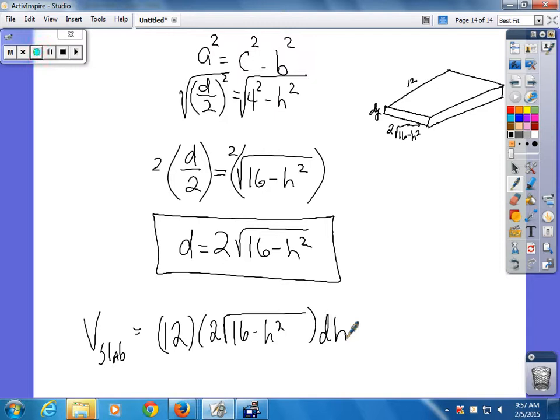We'll finish this problem. It's going to be -4 to 4. Why is it going to be -4 to 4? Anybody want to take a stab at it? Well, look at your radius right here.